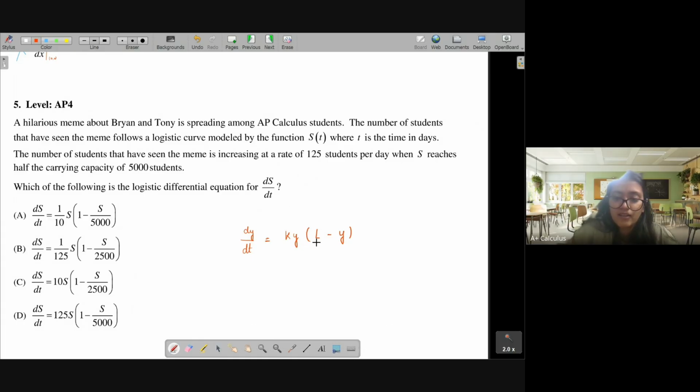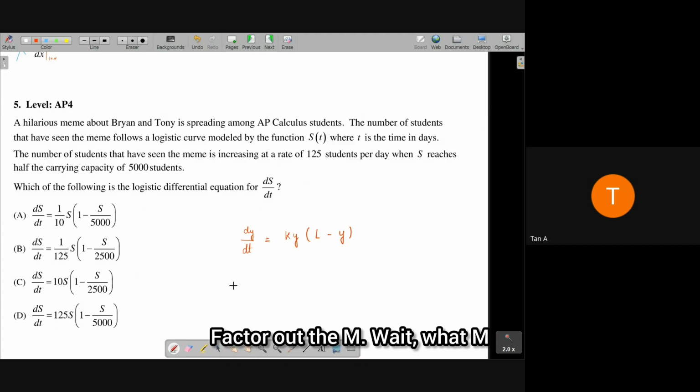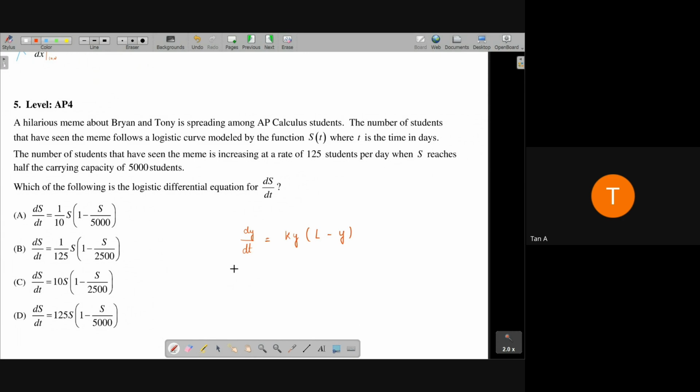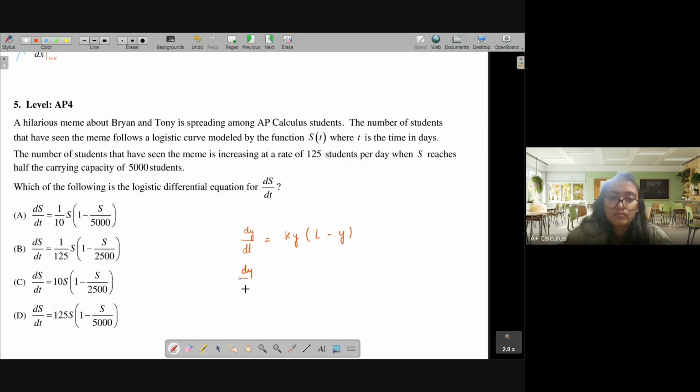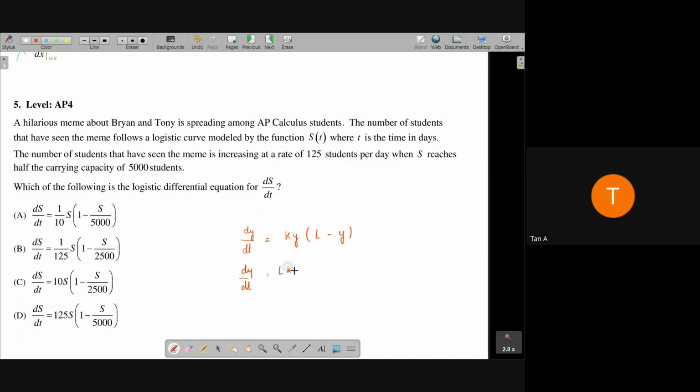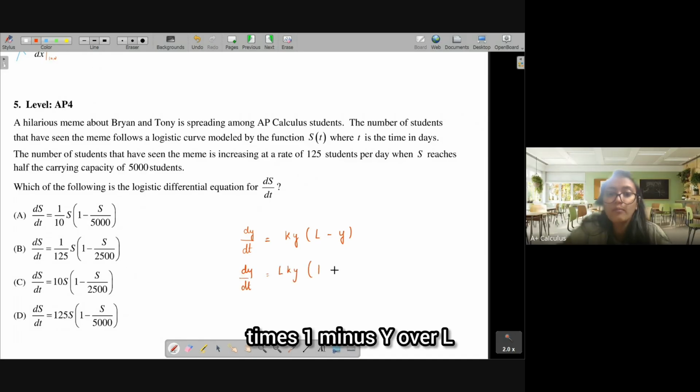Factor out this L. So LKY times 1 minus y over L.